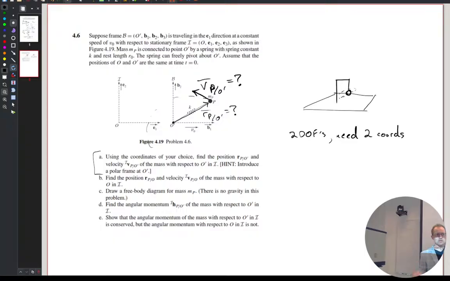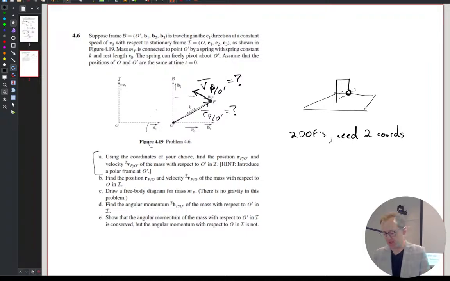If you're just choosing coordinates and choosing how to describe the position of a point, there are ways that'll save you some time and ways that'll increase how much math you do, but you can always go back to: this thing's moving in 2 dimensions, I don't care about its z-axis, so it has an xy position.